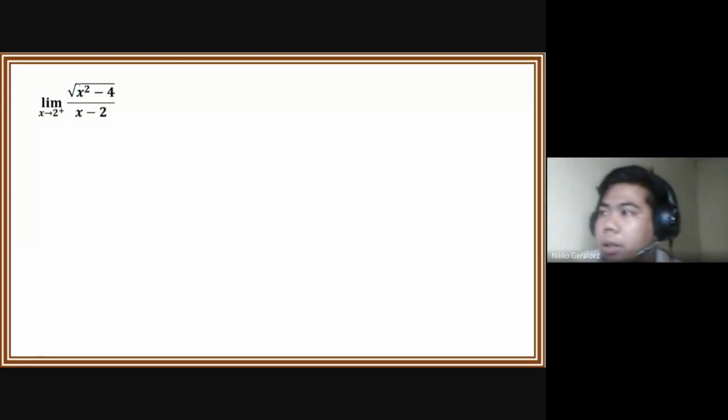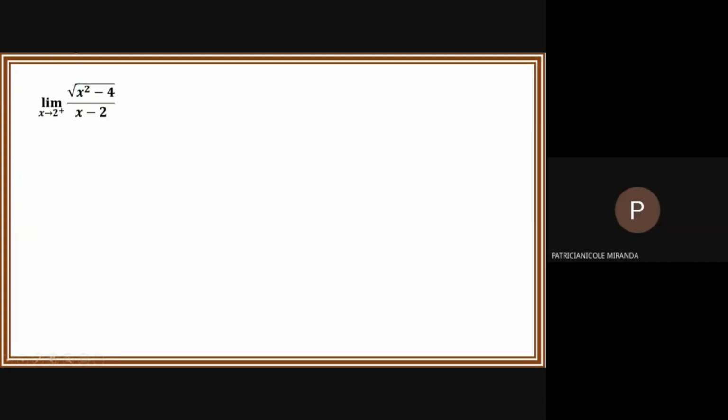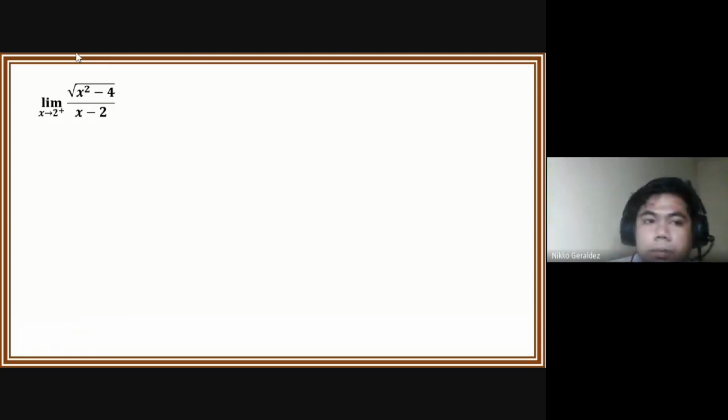Paano po na ang gagawin natin? Factor po. Conjugation. Conjugate. Multiply natin ng square root of x squared minus 4 over square root of x squared minus 4.